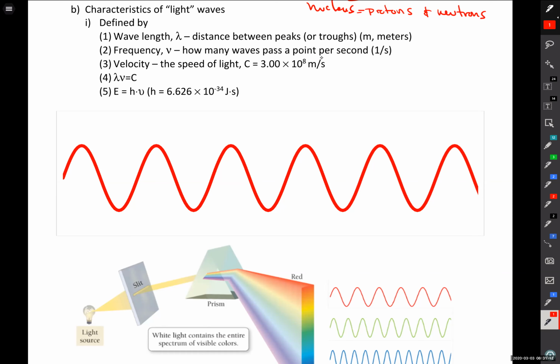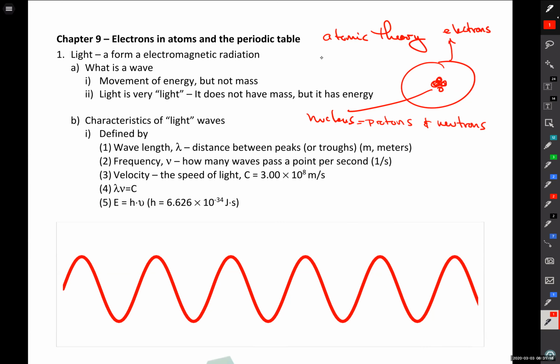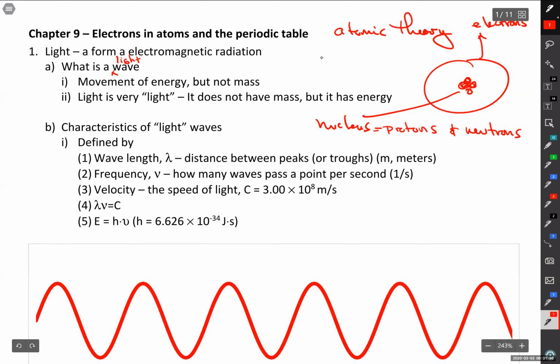Waves are unusual. They have properties because they don't have mass, right? So what is a light wave? Well, it's just pure energy.